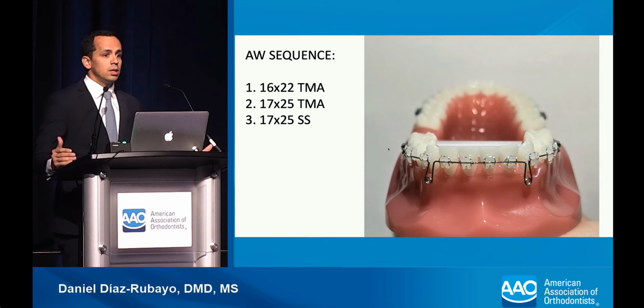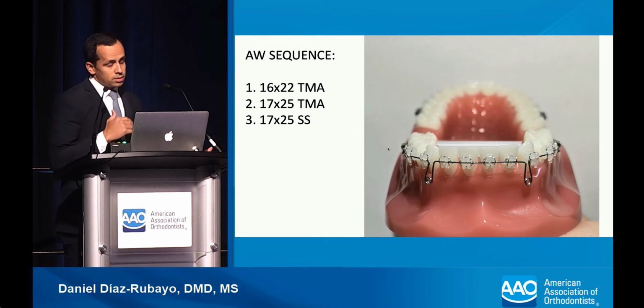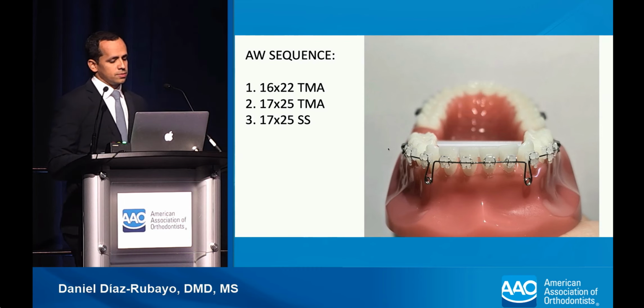It depends on how much correction you achieved with that first wire. And then step up to a 1725 stainless steel. So the idea is that we protract the incisors first, and then canines, premolars, and molars. So the class 2 elastics are going to be very important during this stage.